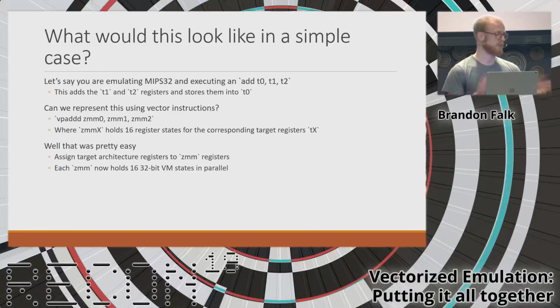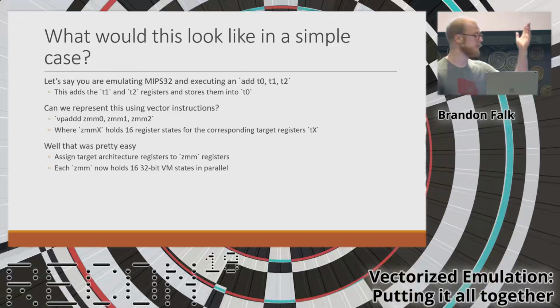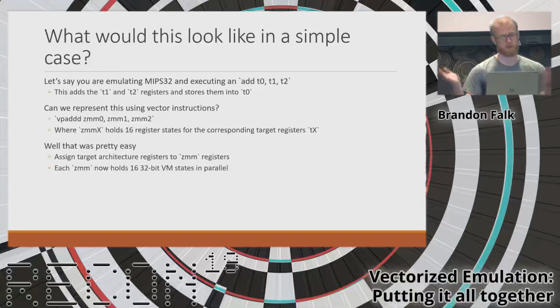In this case, it's actually really easy. There's a one-to-one translation here. Since MIPS doesn't have flags, I'm able to directly emit a VPADDD and perform 16 adds for 16 separate 32-bit VMs in parallel in one instruction. And as long as those ZMMs line up with those T registers in MIPS, everything works out, and you can actually just do this.